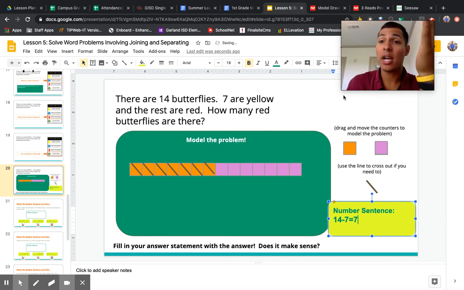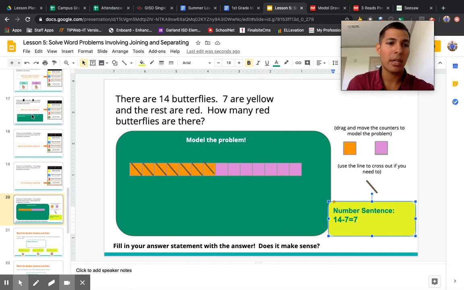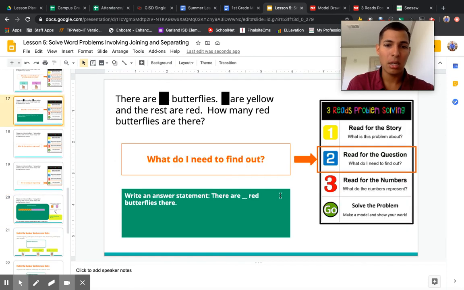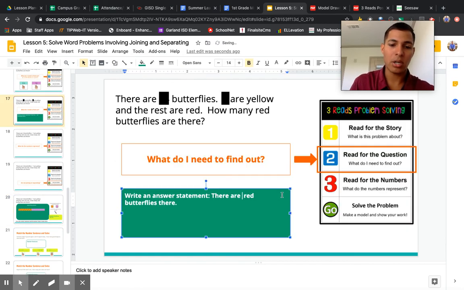And to check our answer, we can count. Do we have 7 left over? 2, 3, 4, 5, 6, 7. We do. So we know 14 minus 7 is 7. We got to come back up here. We know there are 7 red. There are 7 red butterflies.